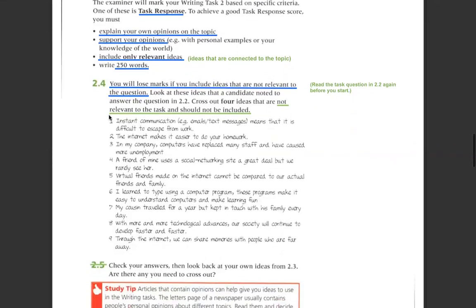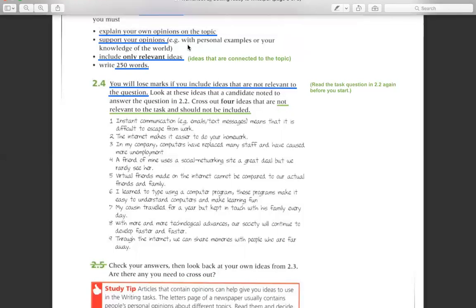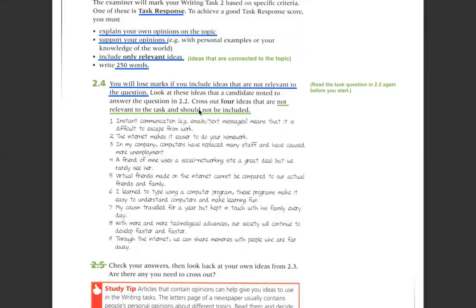So let's have a look at these 9 statements, and we're going to decide which ones are not connected to the topic. So that's what we just looked at about the internet, whether it isolates us or whether it helps us to connect. So there's 4 ideas that are not relevant. Let's look at number 1 together.